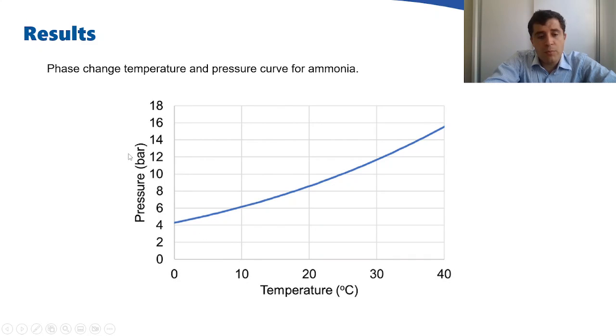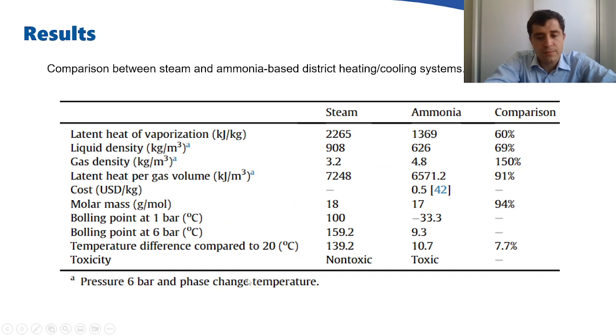At a pressure of, for example, 6 bar, the condensation temperature of ammonia is 10 degrees. At 8 bars, you have something like 18 degrees. So the pressure of your system will vary from 6 to 8 bars in order to transport the cold at 10 to 18 degrees. It could be lower also, and the pressure will be lower.